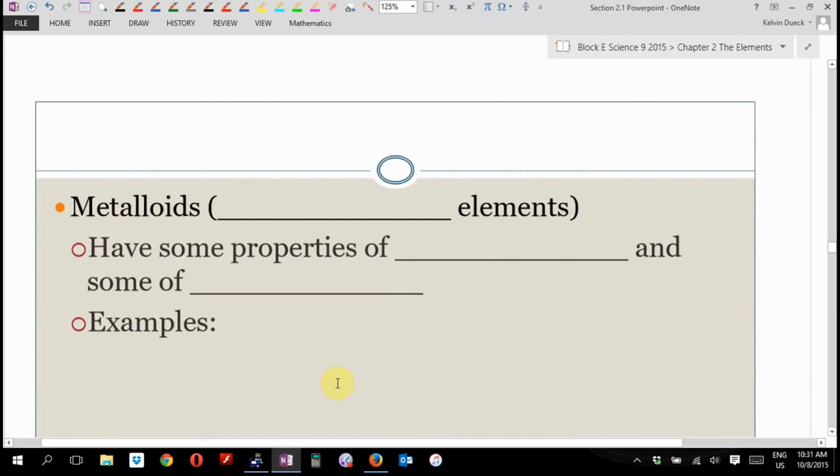Then we have the metalloids. Some elements. And they have some of the properties of metals and some of the properties of non-metals. Examples. Well, you ready?